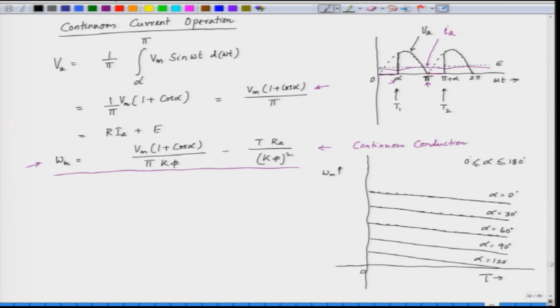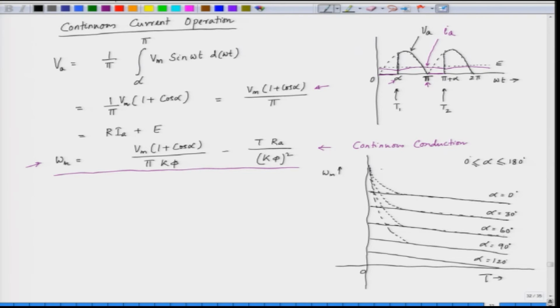For low values of torque, the speed equation will be governed by some other equation, which is the discontinuous conduction. This dotted line represents discontinuous conduction, and so on.